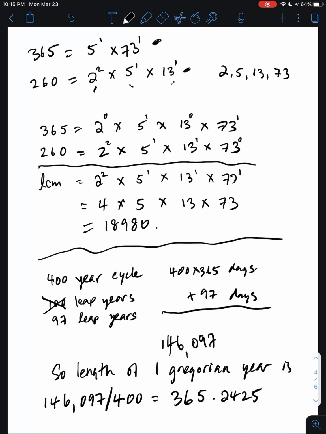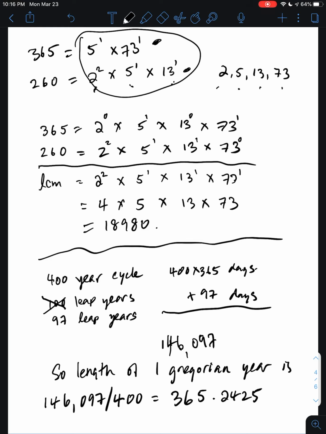And now, in order to write this nice and tidy, I'm going to identify all the primes that appear in either of these expressions, and that would be a 2, a 5, a 13, and a 73. They appear in one or the other or both of those two factorizations. And again, just to be tidy about it, I've written them in increasing order.